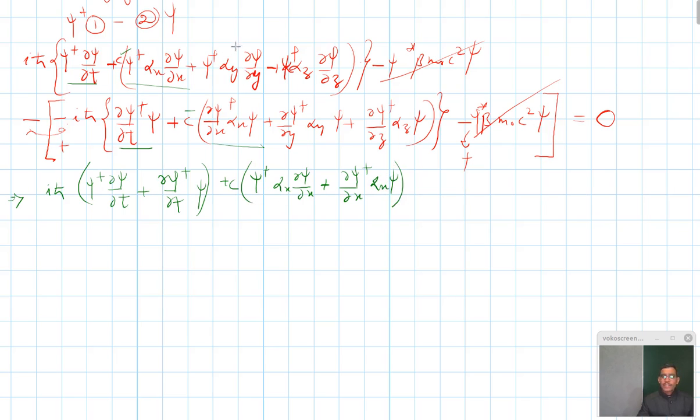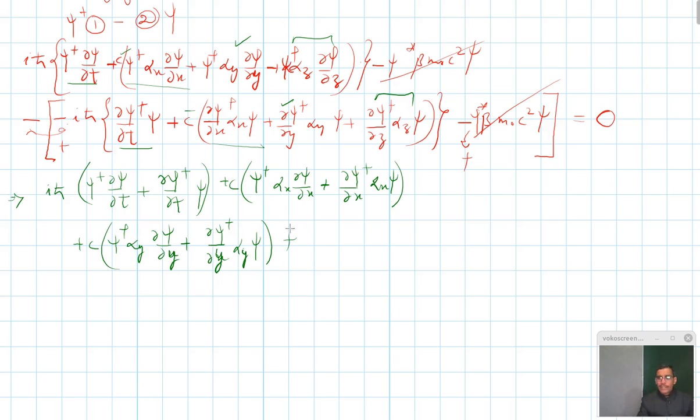I put these two together. Similarly, these two terms can be put together, and then this term is put together with this. So plus c, it is psi dagger alpha y curly psi over curly y plus curly psi dagger over curly y alpha y and psi.